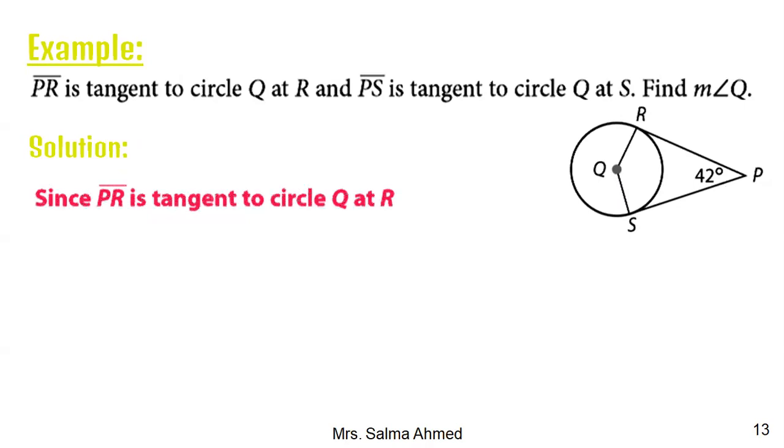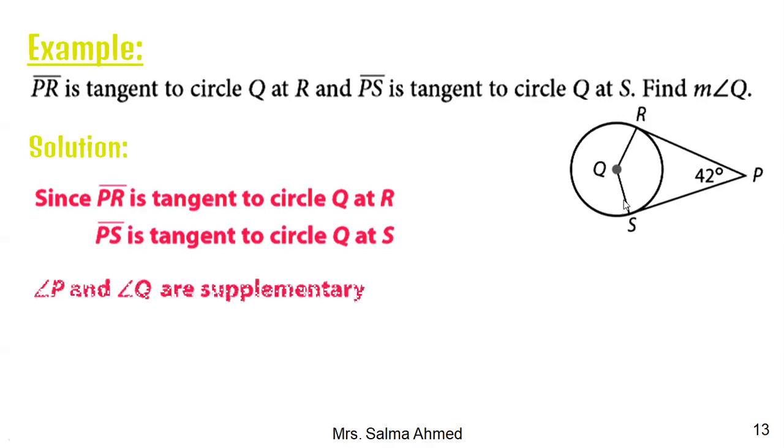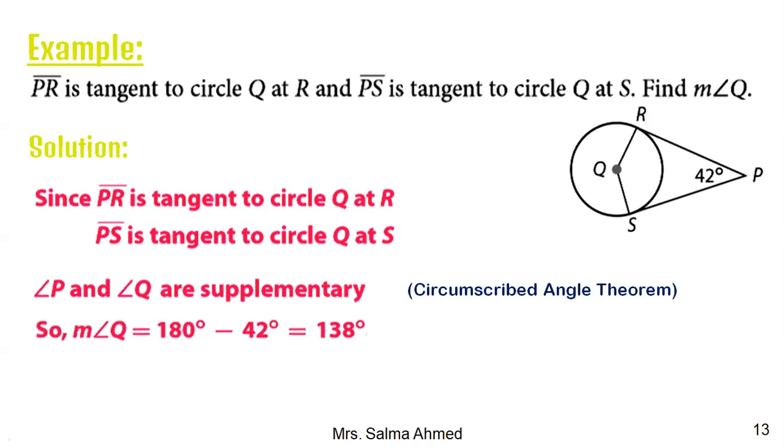PR is tangent at point R, so this angle is 90. PS is also a tangent, so this is 90, because a tangent and a radius are perpendicular. So the measure of angle P and the measure of angle Q are supplementary. Using the circumscribed angle theorem, the measure of angle Q equals 180 minus 42, which gives me 138.